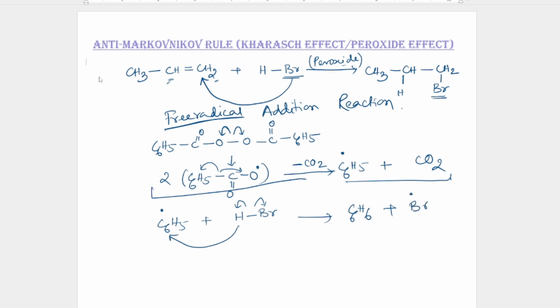One electron from this bond and one electron from the other bond will form the bond between hydrogen and carbon, whereas the one electron which has shifted to the bromine will act as a free radical. So that generates the free radical in the reaction.